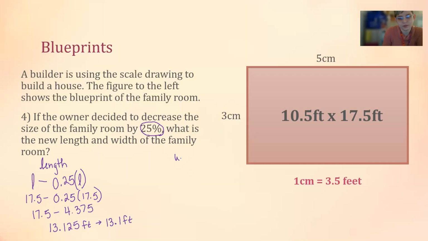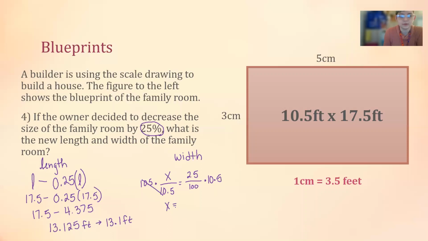Now, to find our width, I'm going to use the proportion method. So we always put our original in the denominator, which is 10.5. We put our percent over 100. And whatever's still blank is what we're looking for, which is the part we're decreasing. So I'm going to undo this division with multiplication.